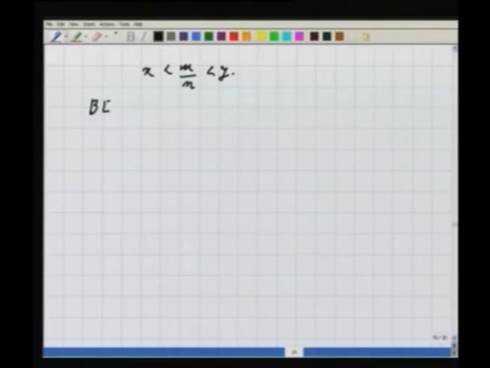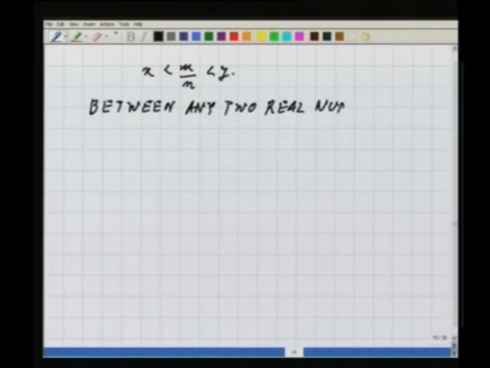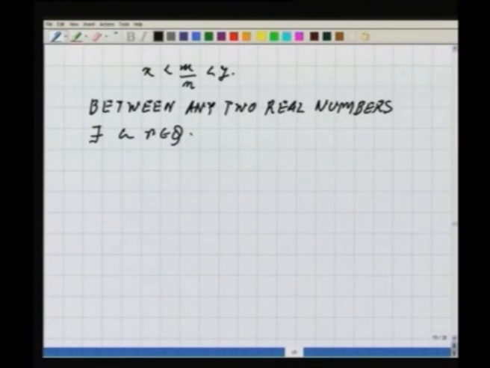It again means that between any two real numbers, there exists a rational number, and this is precisely what denseness of rational numbers in the real number system means.